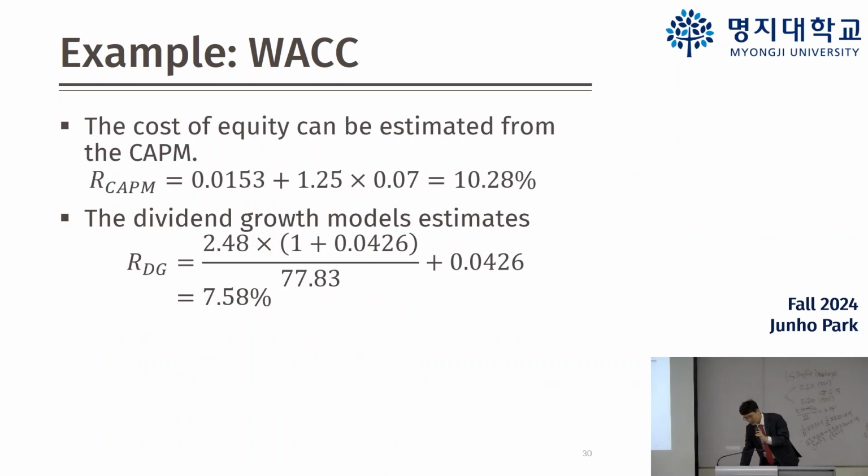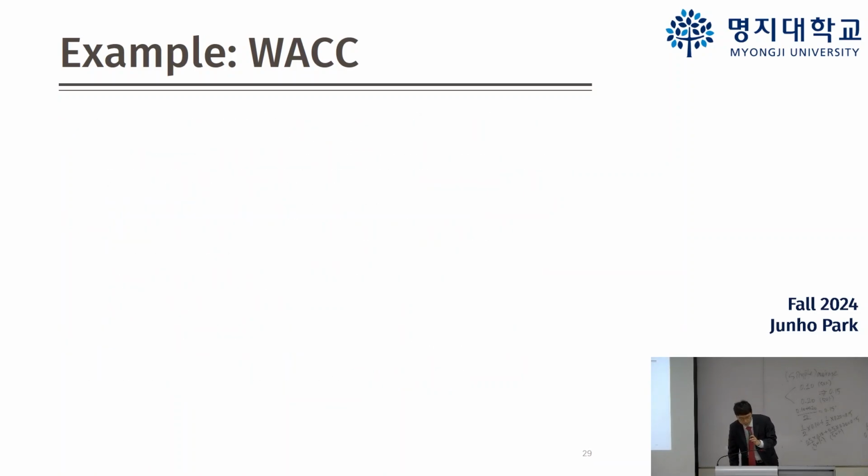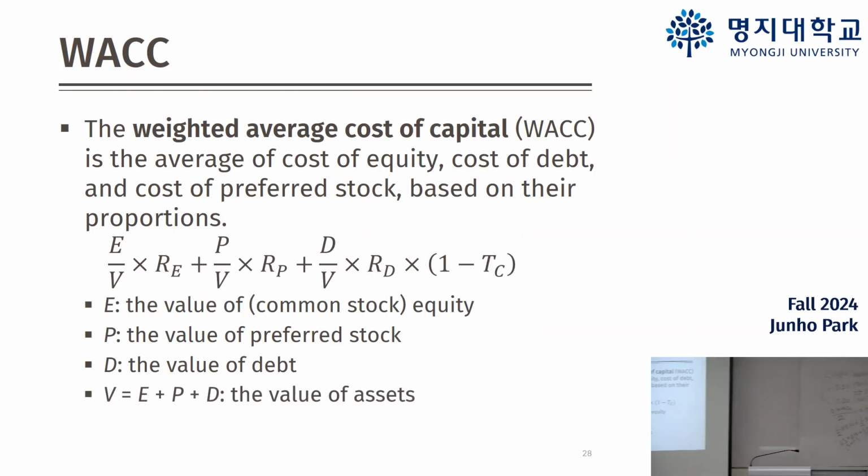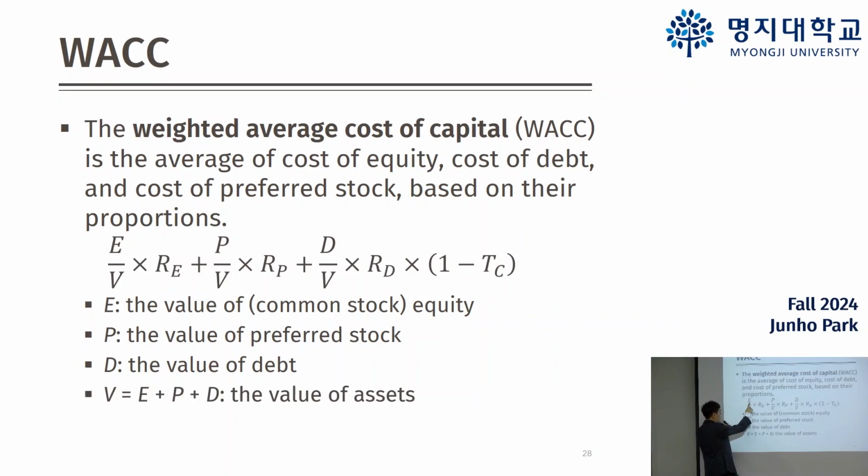But remember, when we calculate the weighted average, we need to have the value of equity and the value of debt. And there are two different concepts regarding the value. It could be book value, which is written by accountants in their financial statements, but also we can rely on the market information.